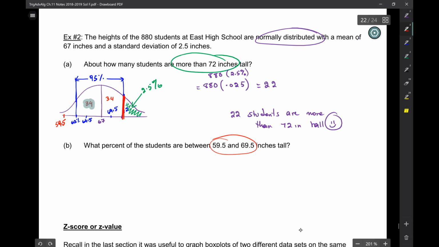Oh, no, wait, sorry. This whole thing was 95. So look, it's like this. 34, 34, and then how much were these? 13.5, 13.5. So that whole thing is 95. And then how much is here? 2.5. So that's 95.